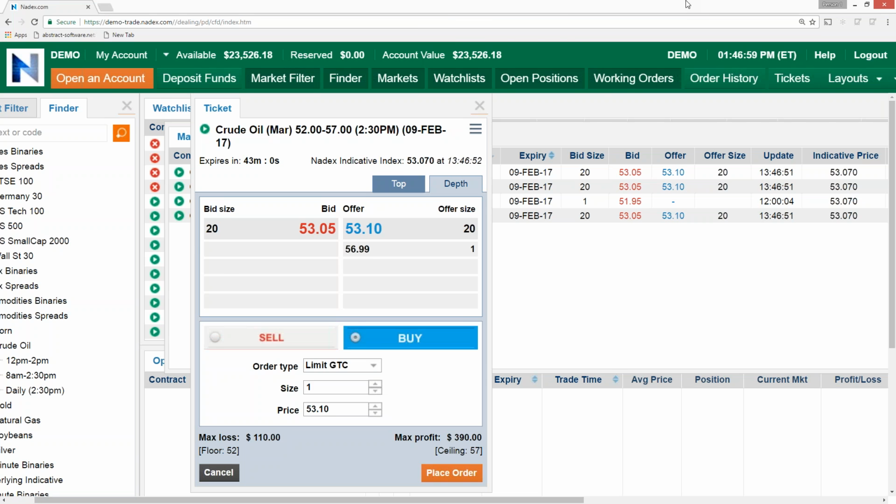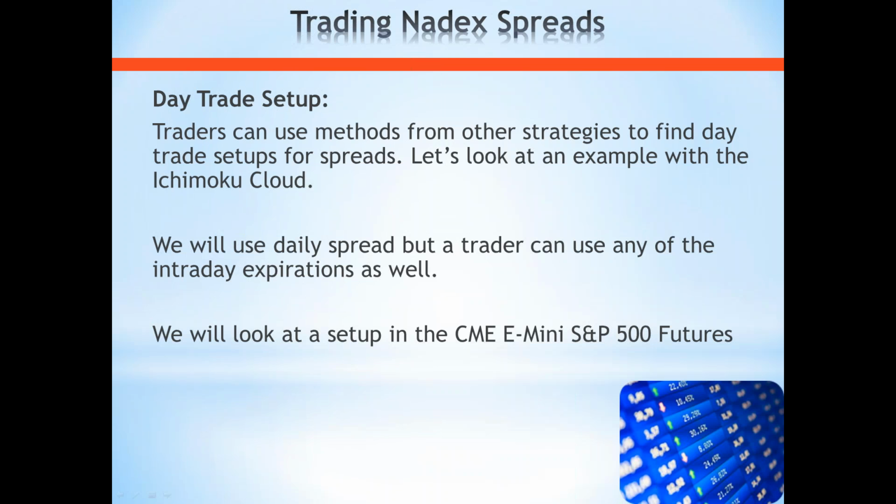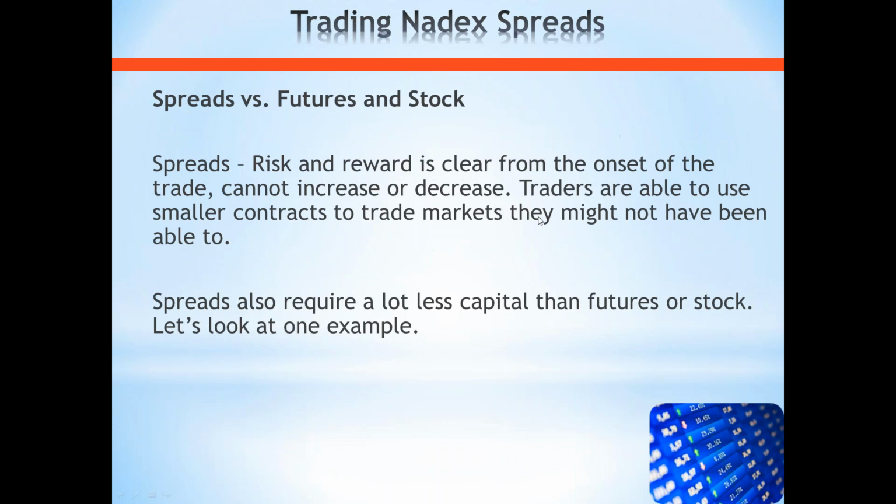Great. So we'll go over more examples, but essentially, spreads versus futures and stock, it's pretty clear which one is the more capital efficient approach. The risk and reward is clear from the onset of the trade. In spreads, I cannot see that risk increase or decrease.